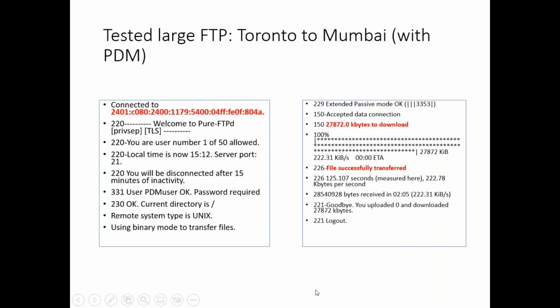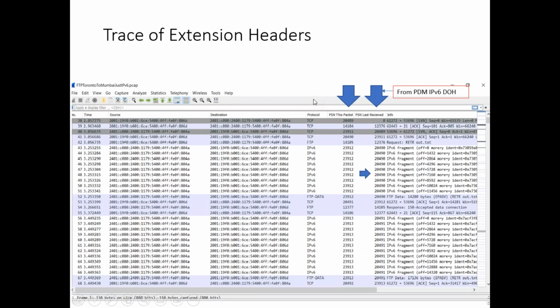So, for example, here's a very large FTP that I did. It went from Toronto to Mumbai, crossing a couple of different continents. And you can see files transferred. It was a huge file, a big old file. And interestingly enough, you can see our PDM, but you can also see Fragment being transferred.